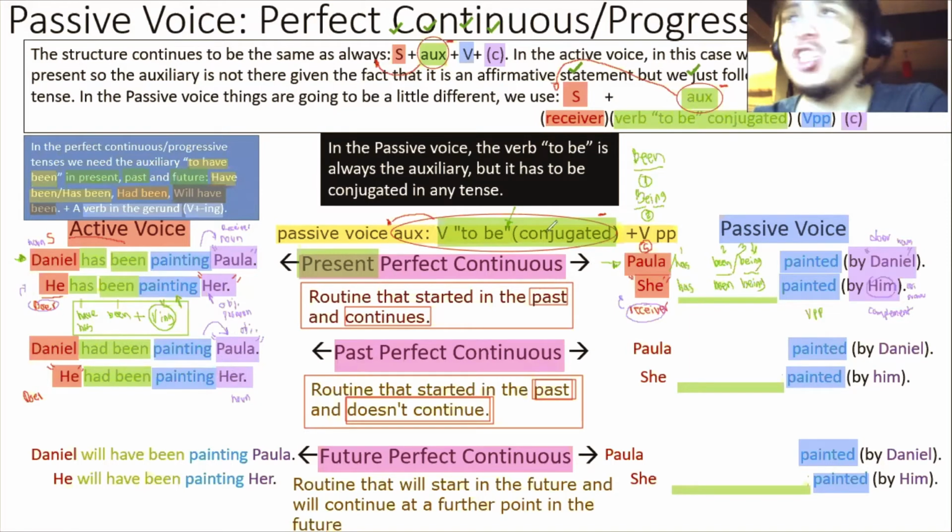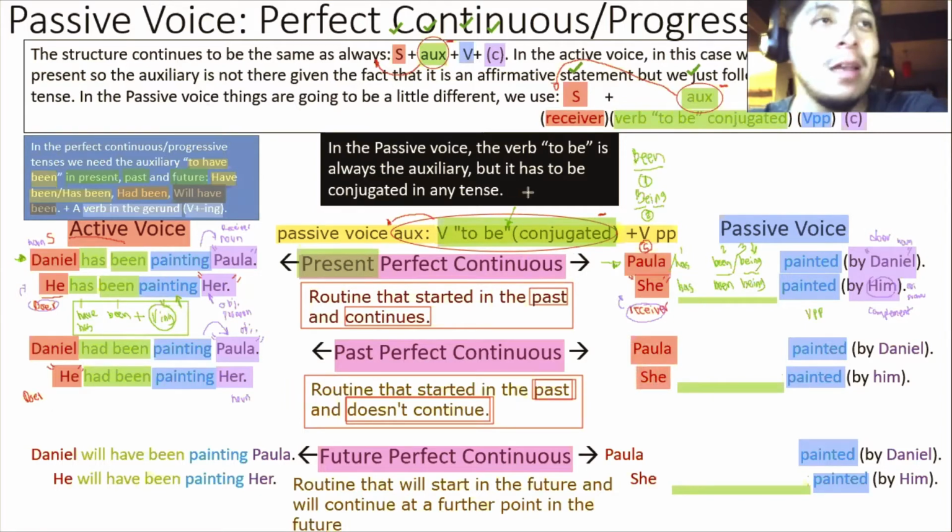When you change to the passive voice, we are not focusing on Daniel. We don't care about Daniel. Daniel is the doer of the action. In the passive voice, the important thing is not who does the action. The important thing is who receives.